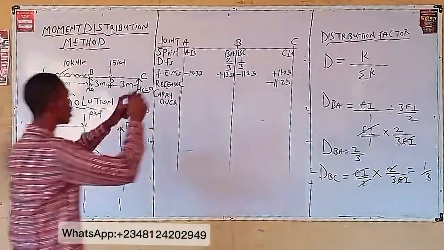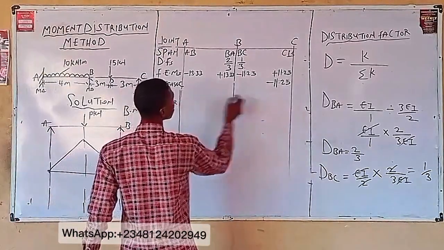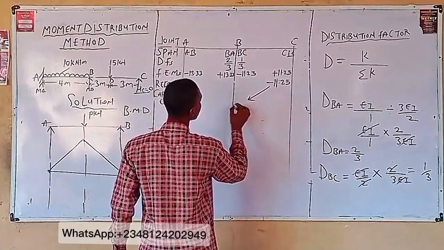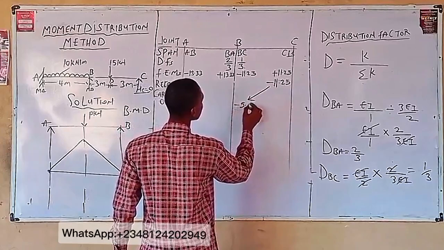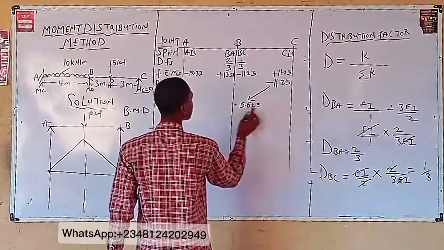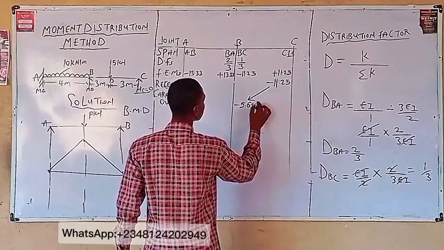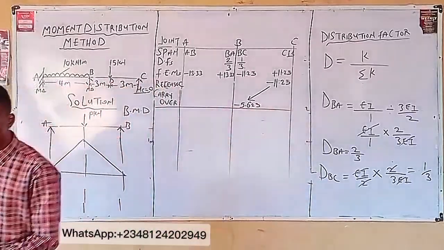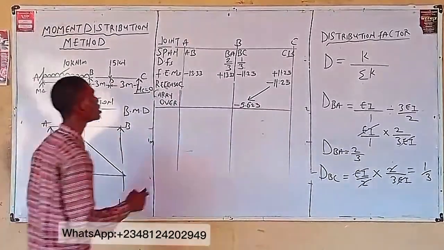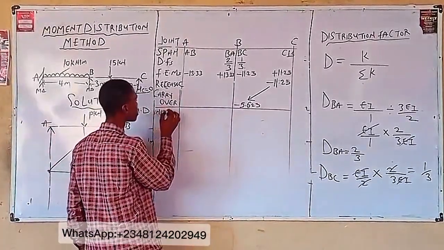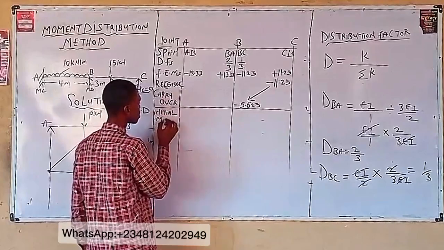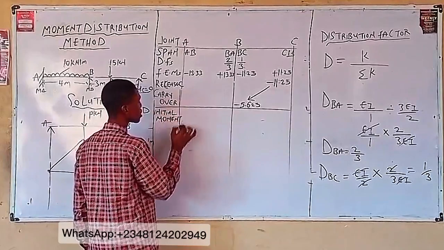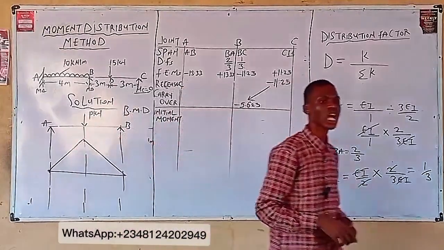Negative 5.625. Now, let's find the initial moment.